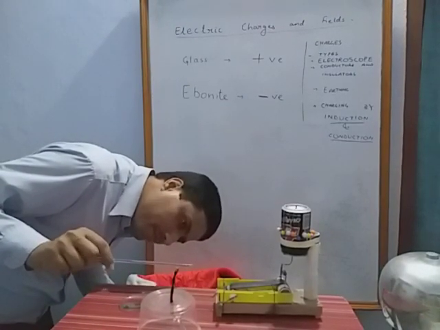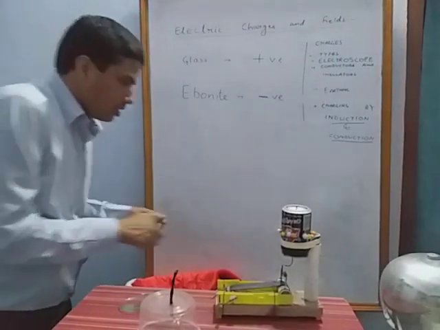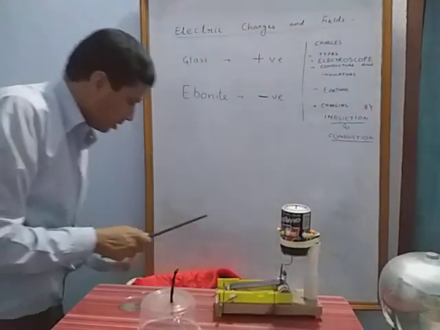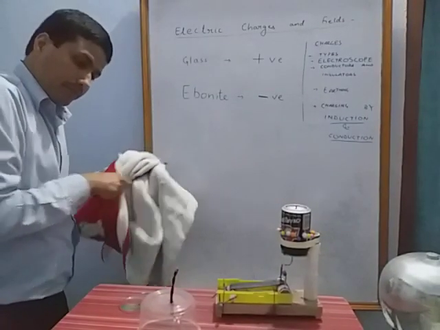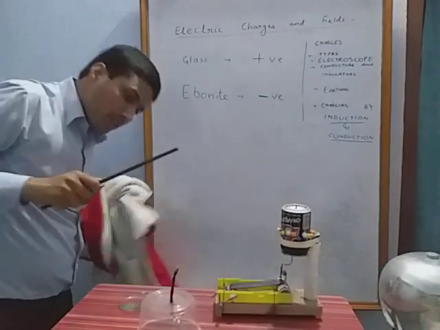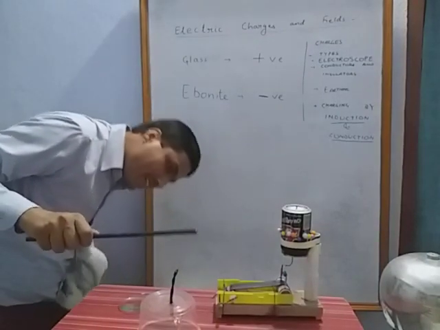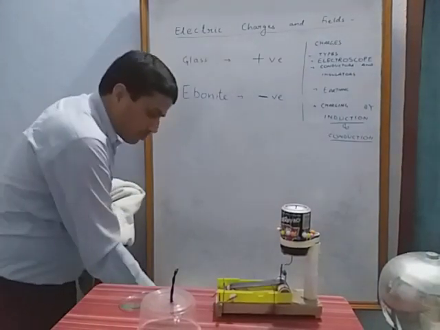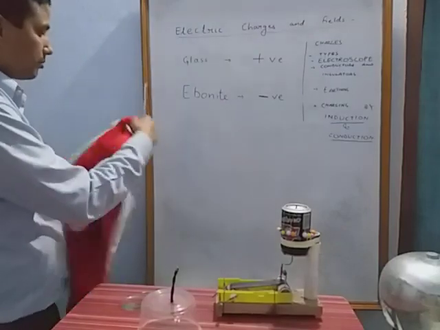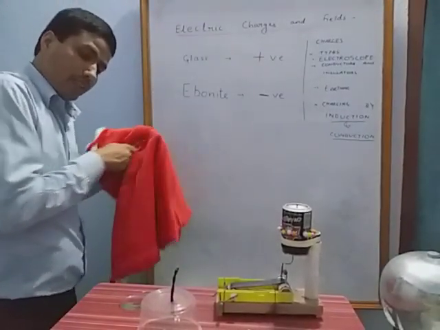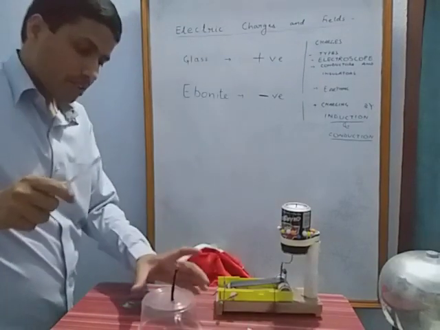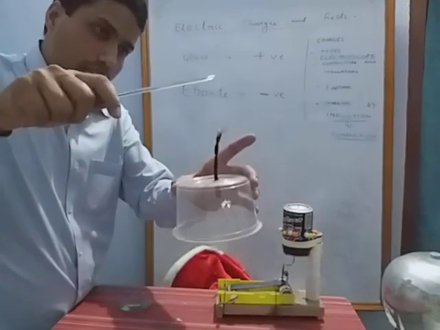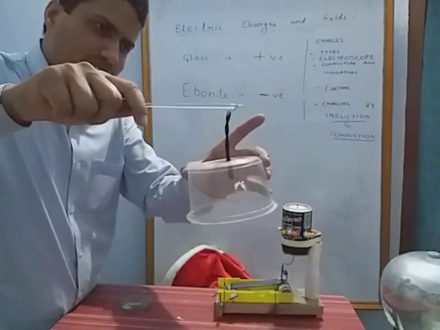Yes, they are repelling. Let me bring the negatively charged one. Yes, that was excellent. So let me first charge it positively. I'll touch it, and you can see the leaves flying apart.